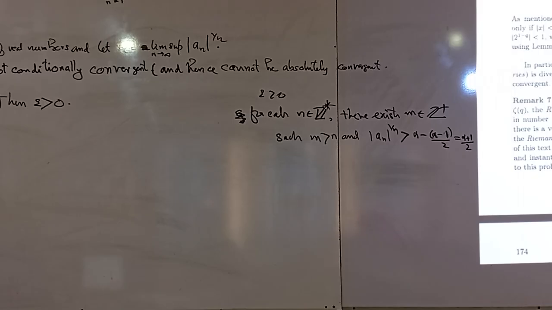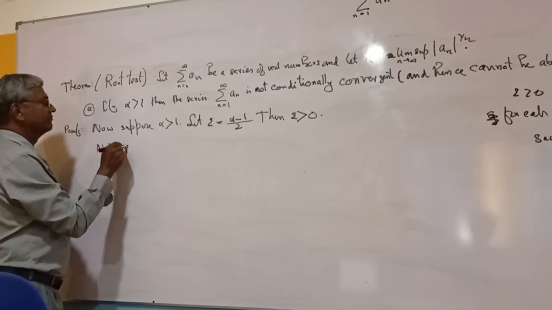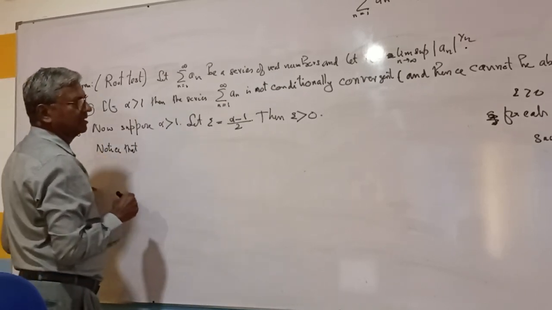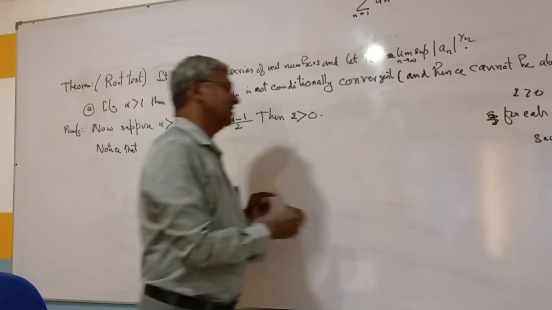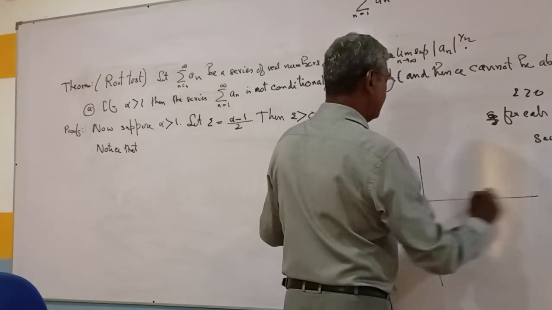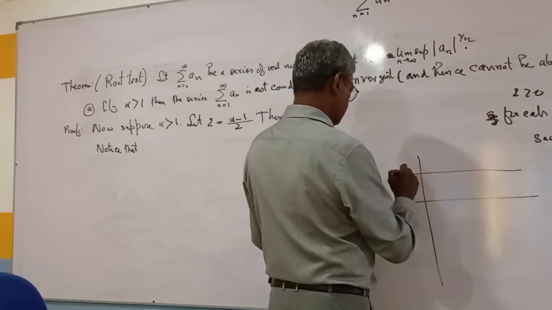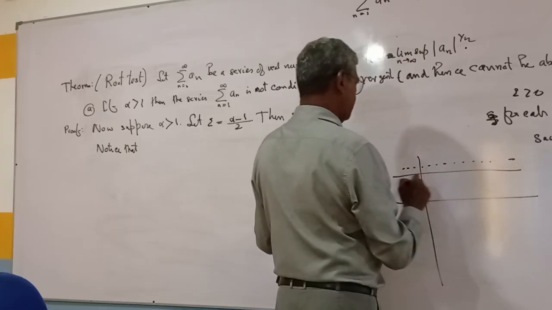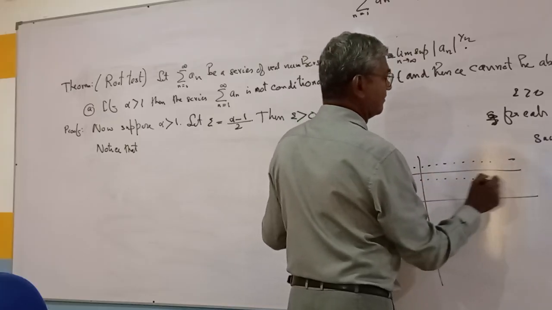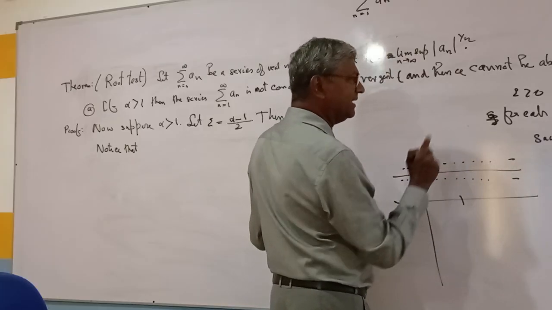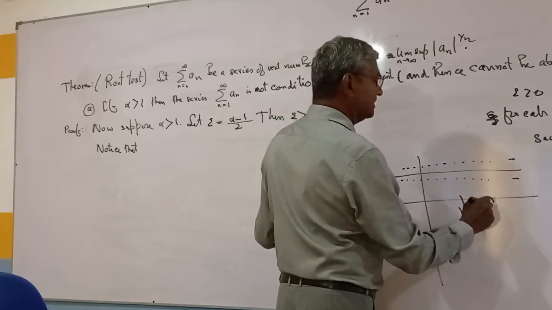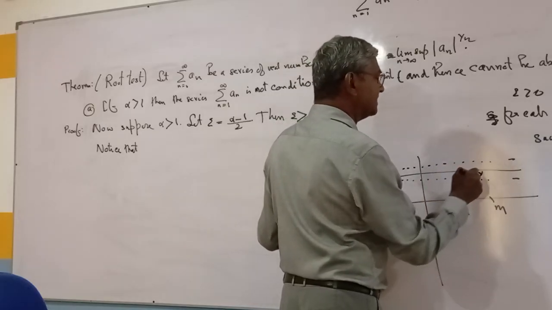In my case I am going from 1 to infinity. Notice that from the Lim-Sup picture, if you take any n here, there is an m here, it is above.